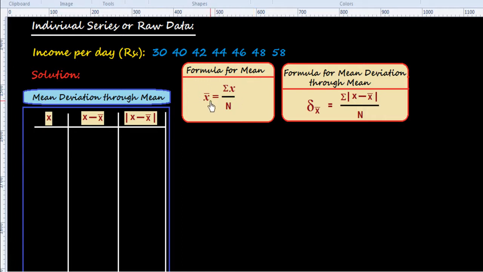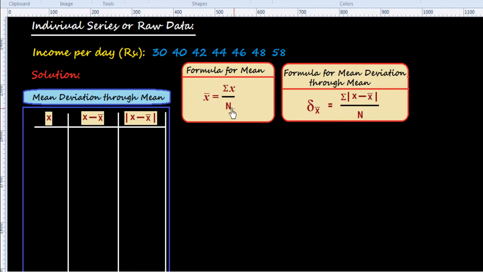Here x bar is equal to summation of x over n. First of all we have to find the mean. After getting the mean, we have to find the deviation and the absolute value of that deviation. The formula for mean deviation through mean is delta x bar is equal to summation of absolute x minus x bar over n. We have to apply this here.